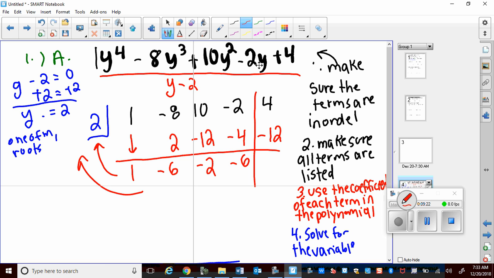And my remainder is negative 8. So when I rewrite this polynomial, I get 1y cubed, starting with the next number down, minus 6y squared, minus 2y, minus 6, with the remainder of negative 8.